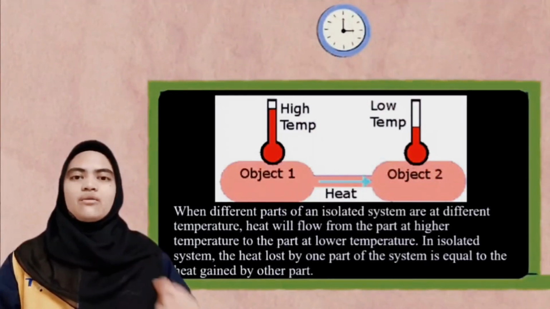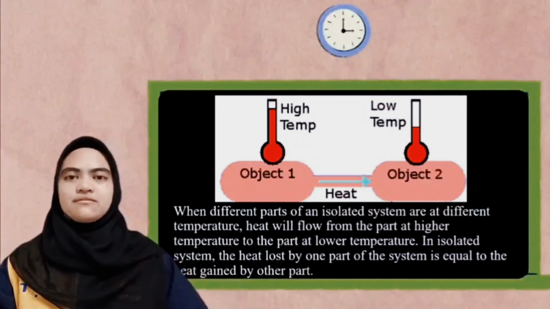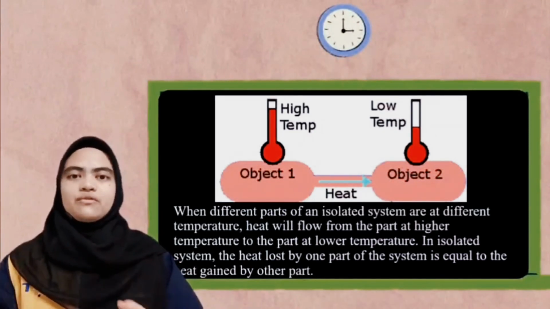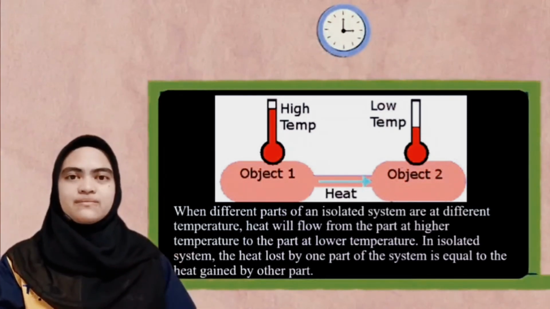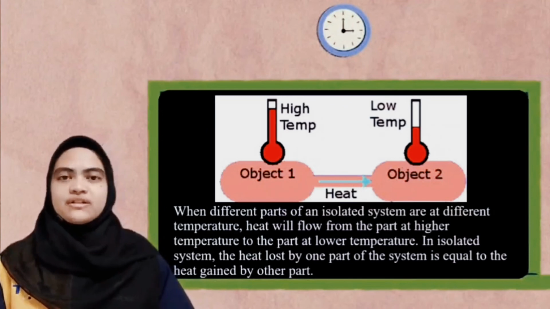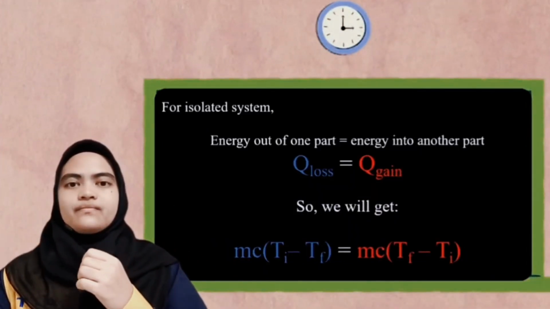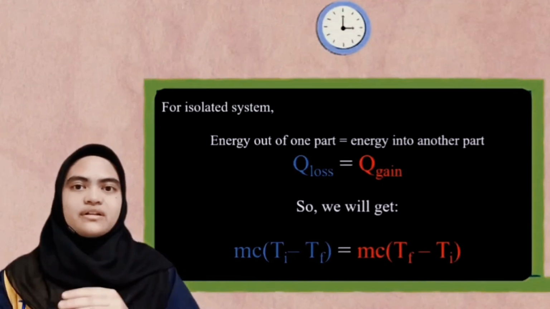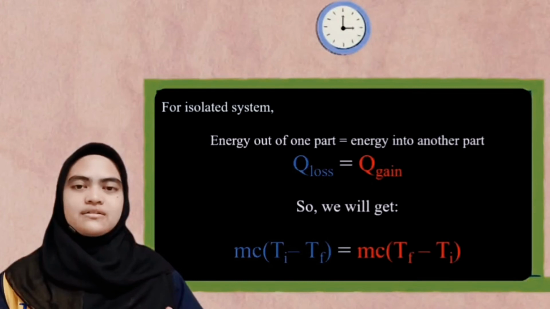When different parts in the isolated system are at different temperatures, heat will flow from a part of higher temperature to a part of lower temperature. So we can conclude that in an isolated system, the amount of heat lost is equal to the amount of heat gained in the system.